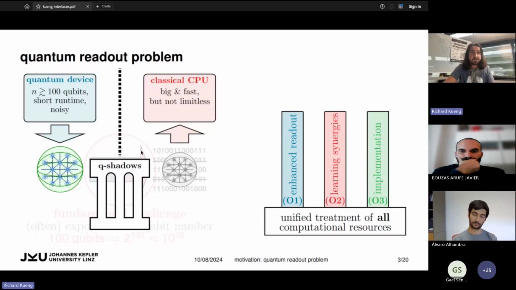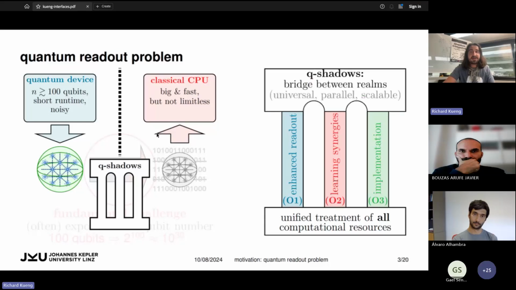And if we meet all these three desiderata, I think we have a really good shot at bridging the gap between the quantum and the classical realm and opening up synergy potential for everybody who wants to use a quantum architecture. So this is the high-level motivation. The quantum readout problem is what we want to tackle, and we want to tackle it with both quantum and classical computing tricks in order to get the best of both worlds.